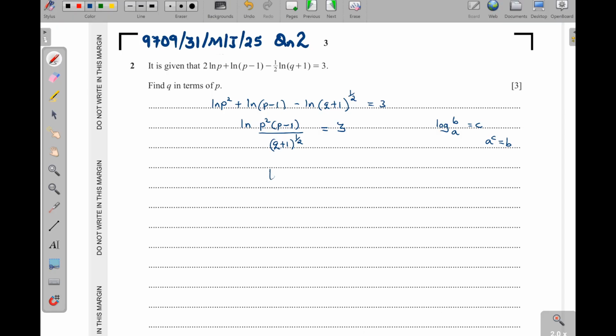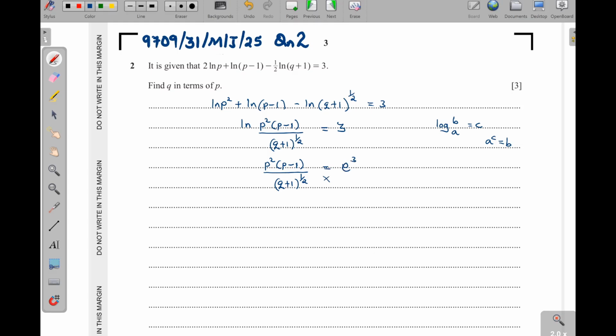Remember, natural log is the same as log base e. Okay, now the whole of this here is equal to 3. So I will say e to the power 3 is equal to this one here. Okay, so we shall therefore have what we have here, then we equate it to e to the power 3.